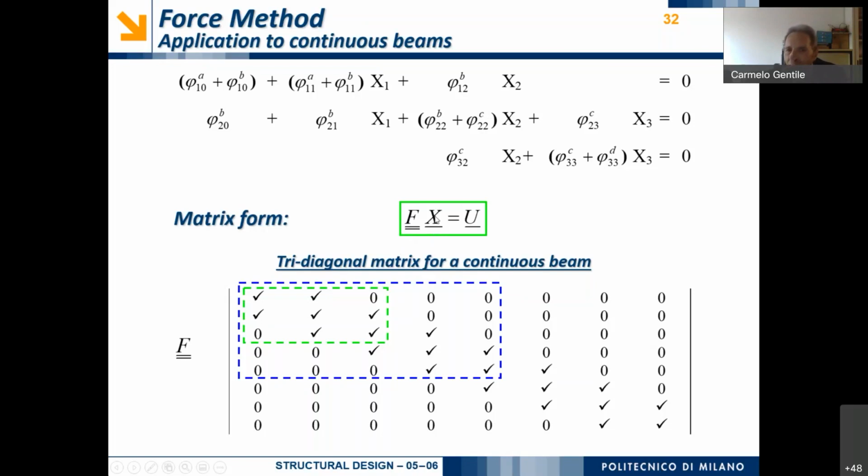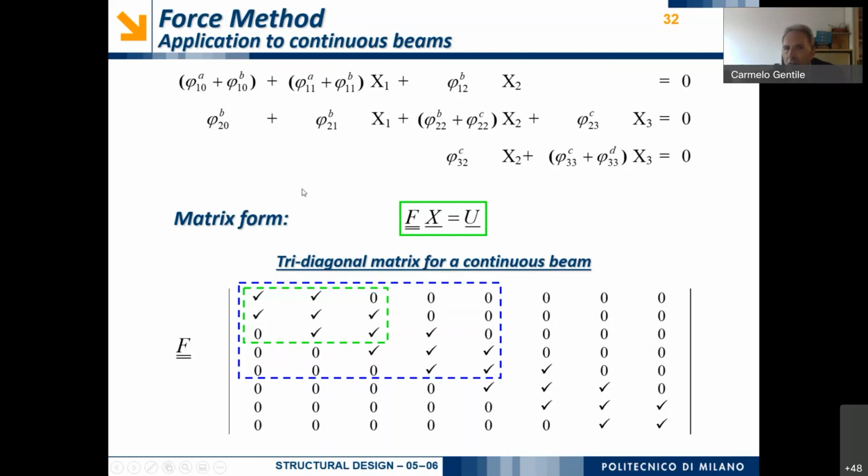But the interesting aspect, for a continuous beam, is the shape of the matrix of flexibility coefficients.